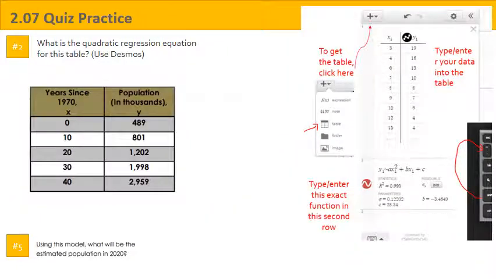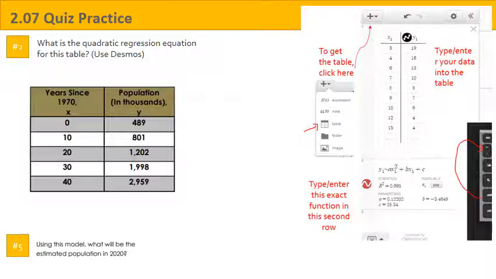All right, so now that we have looked at an example on how to do it in Desmos, I want you to do this one on your own. Okay, do this one on your own. So pause this video, do this one on your own, and then using the model, what would be the estimated population in 2020?